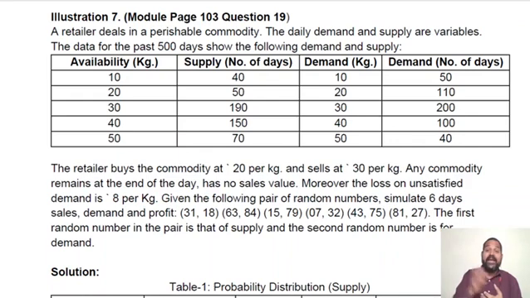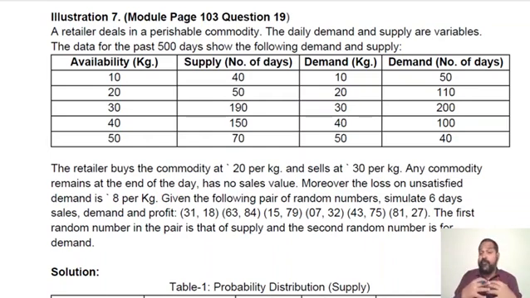If you maintain less, you also have to incur a loss. So there is a loss on surplus and there is a loss on stock out, both. In the book question, if a customer comes and goes back, that's okay. If that demand is unsatisfied, it's okay.